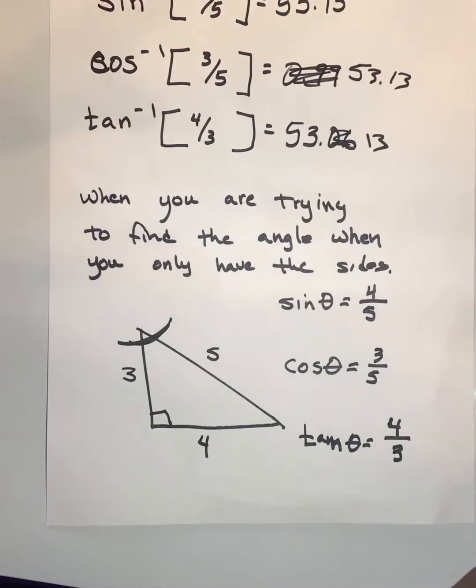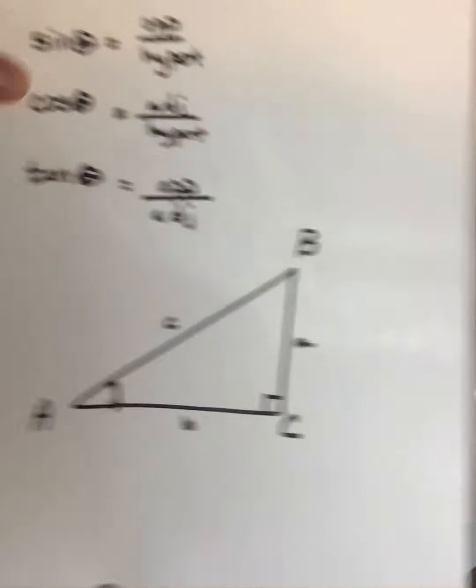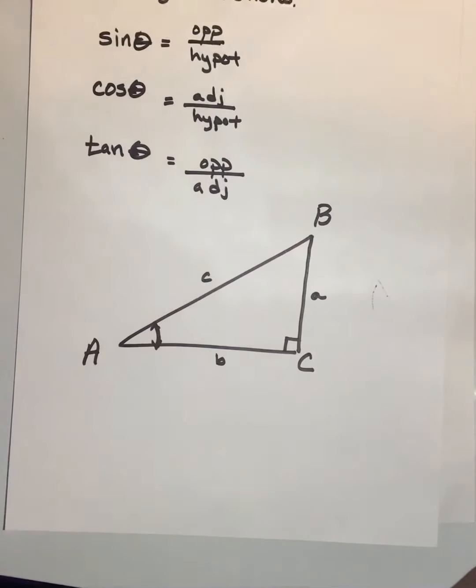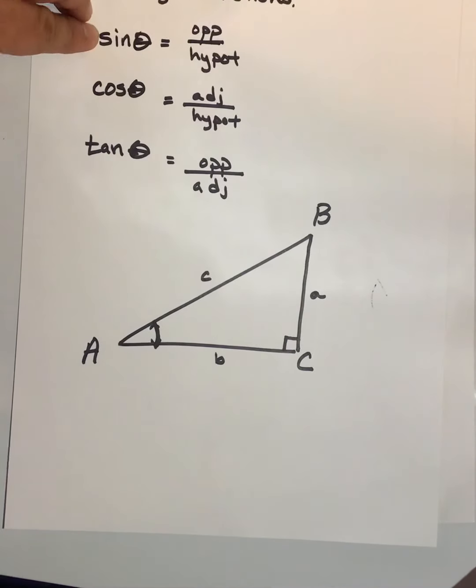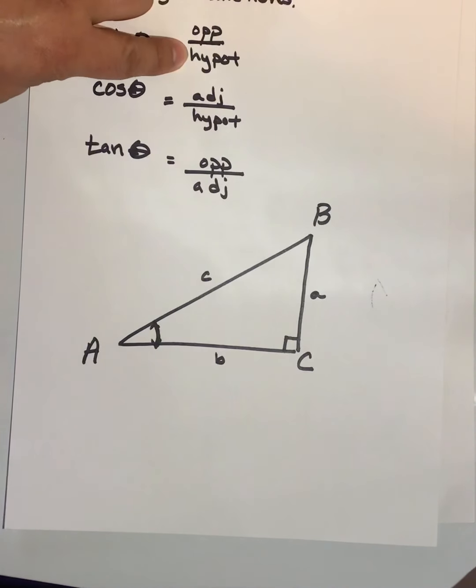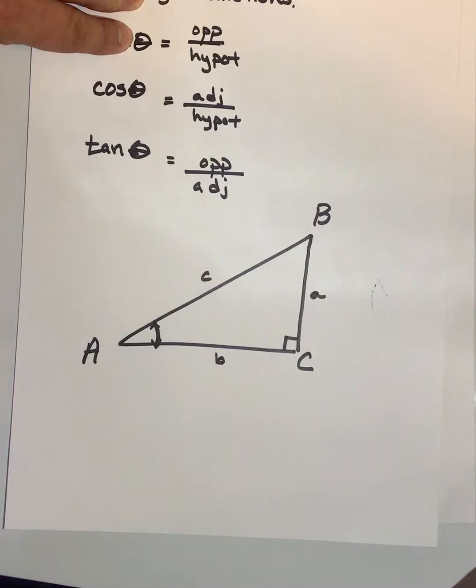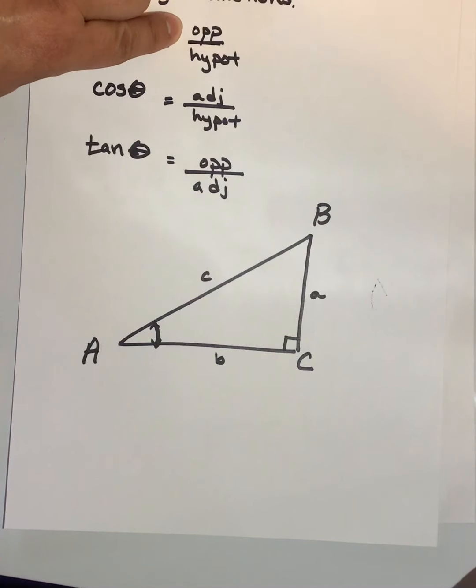And it goes back to your trig functions. If you have the sine of an angle, it is equal to the ratio of the side opposite and the side hypotenuse. Whatever reference angle I'm using, it's going to be equal to the side that's opposite from that angle divided by the side that's hypotenuse of that triangle.